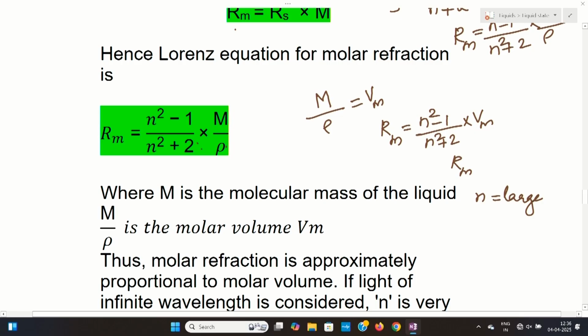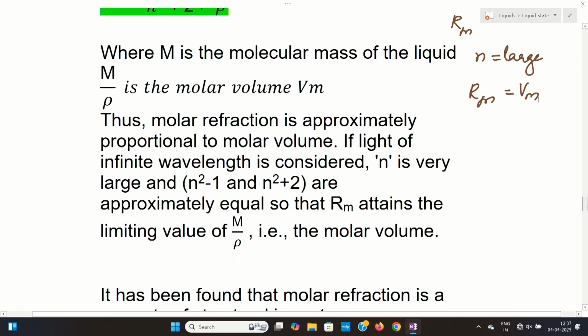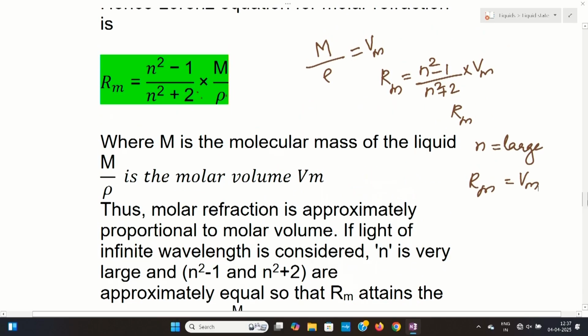Then Rm will be approximately equal to Vm, that is the molar volume. That means n will be large when we use large wavelength of light, and Rm will attain the limiting value of M by rho, that is molar volume.